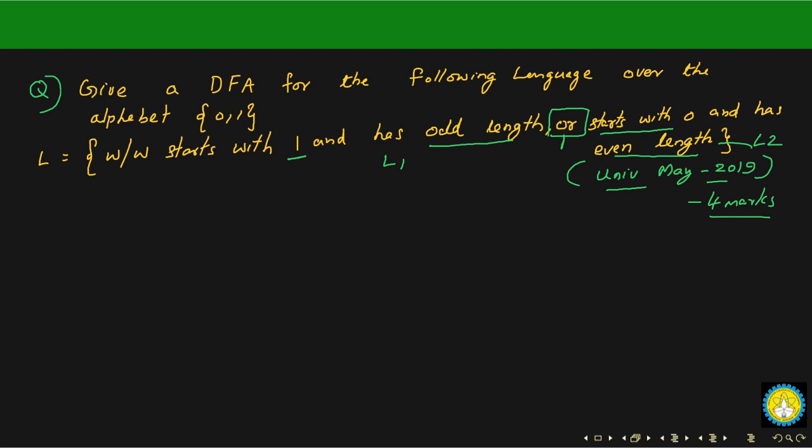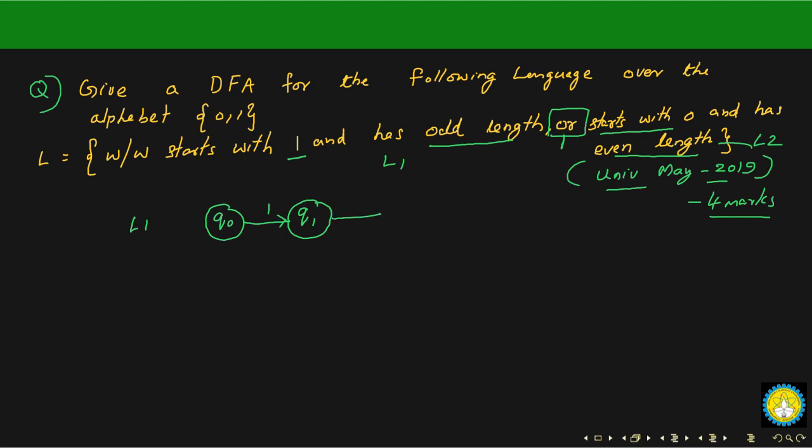So let's start designing for L1. For L1, the string should start with 1 and should have an odd length. So I start at Q0, and upon getting a 1, I will move to Q1. It should have an odd length.